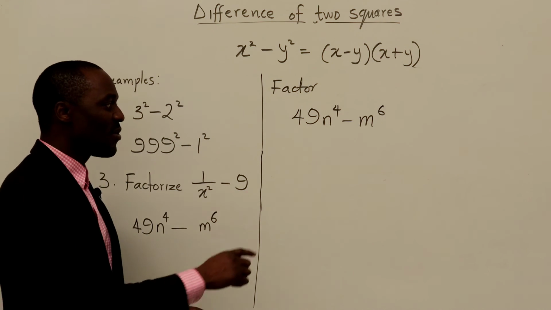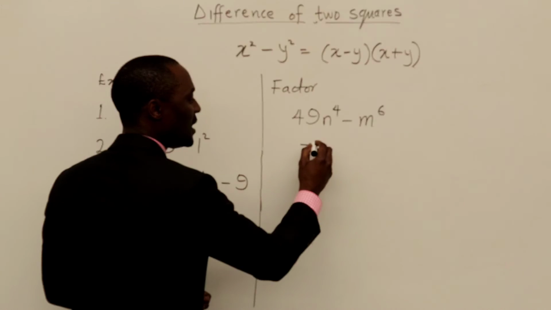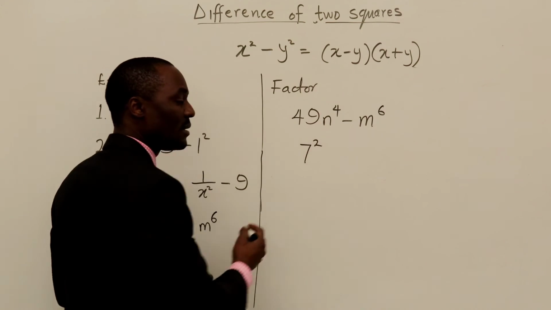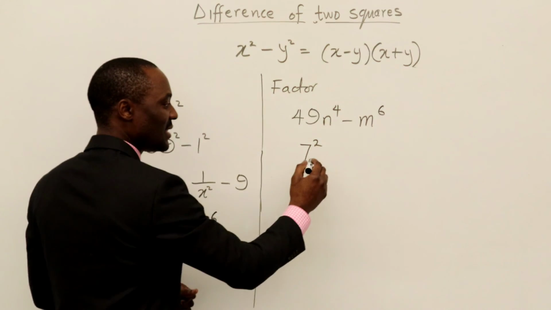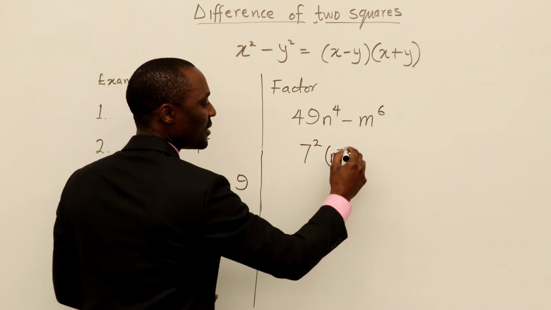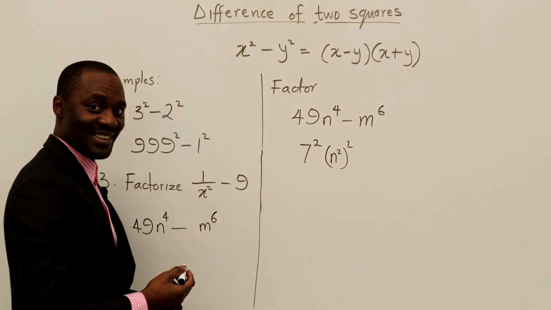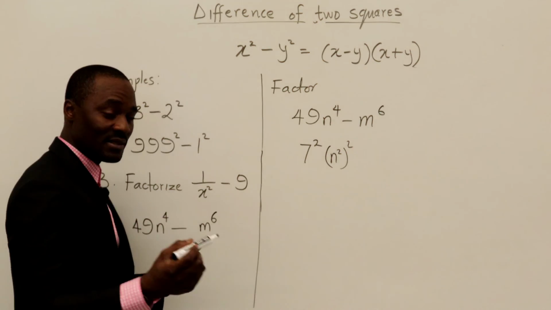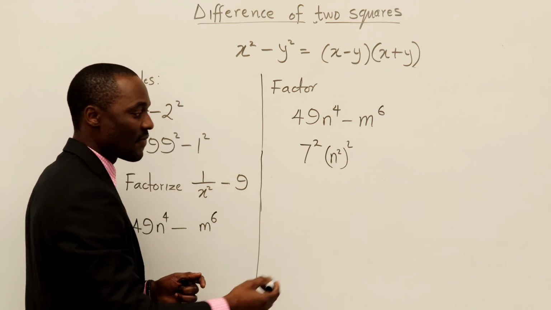So you can rewrite this expression as 49 will be 7 squared. And n to the 4th is the same as n to the 2nd squared. That's it. Remember that principle of exponents? When you multiply these two, you go back to this.